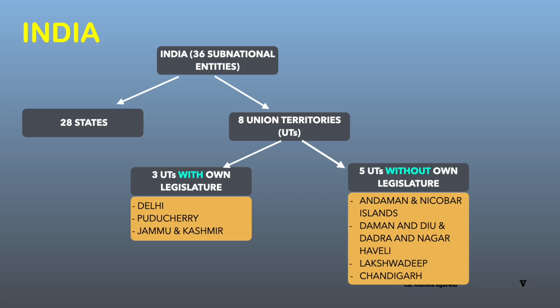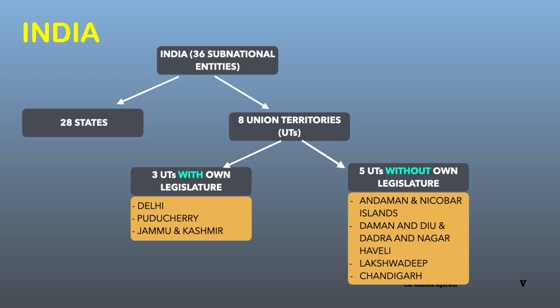Out of all the union territories, there are 3 which have their own legislatures and they are treated as states for GST purposes. Which are those? Delhi, Puducherry and Jammu and Kashmir. Why? Because they have their own legislatures. So if you add these 28 states as per the Constitution plus 3 union territories with legislatures, there are 31 states for GST purposes.